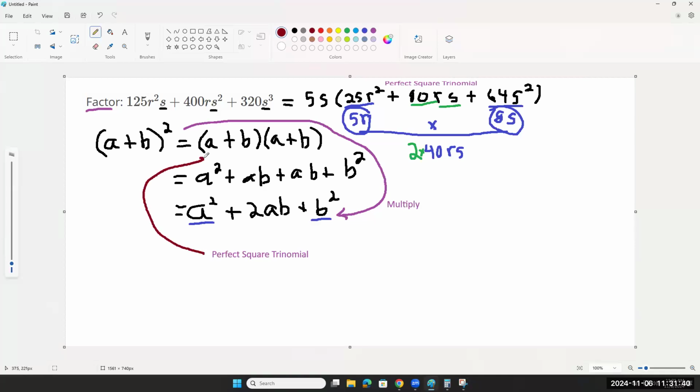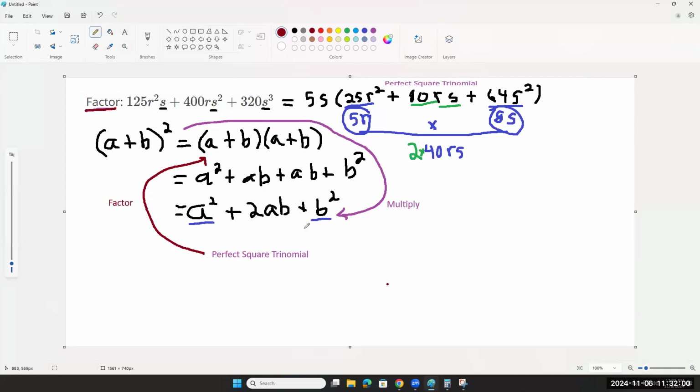Let's go to this. When you go in that direction, what you're doing is you're factoring. Which is what they're asking us to do, right?